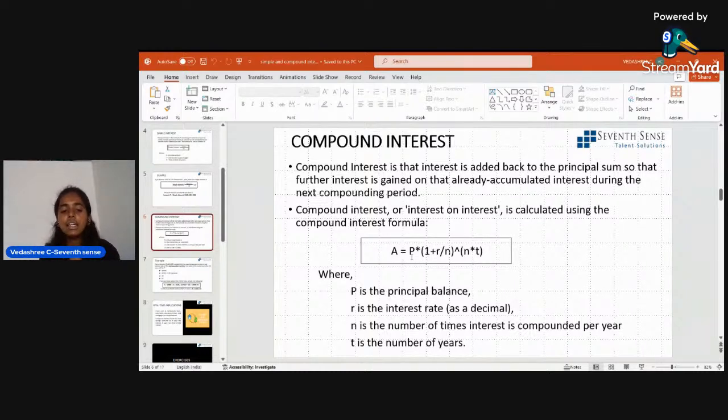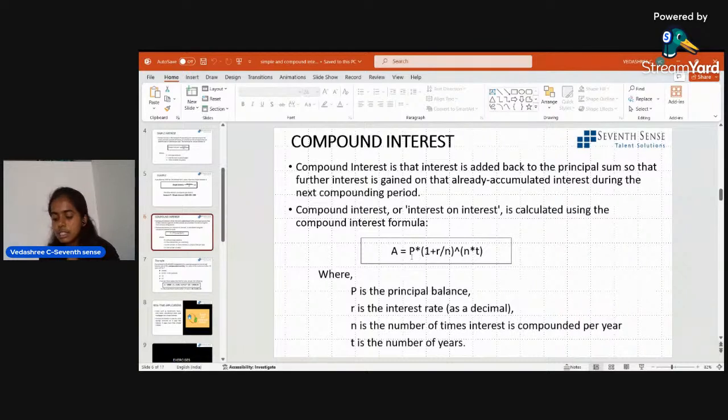Now here P is nothing but the principal balance, and R is nothing but the interest rate, the same as in simple interest. In simple interest also R is considered as the interest rate, so here also R is the interest rate. Next, N is nothing but the number of times.